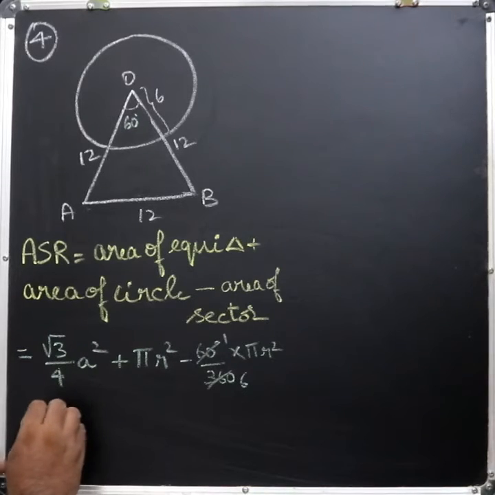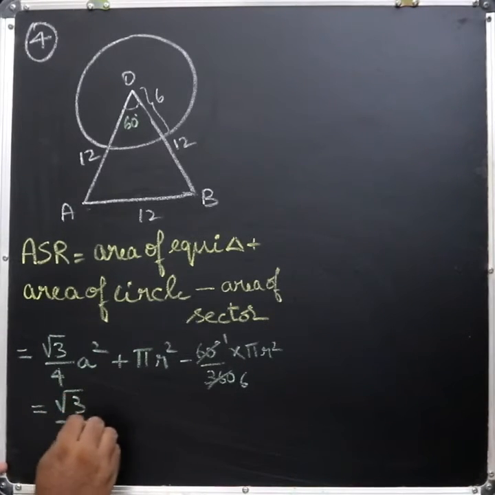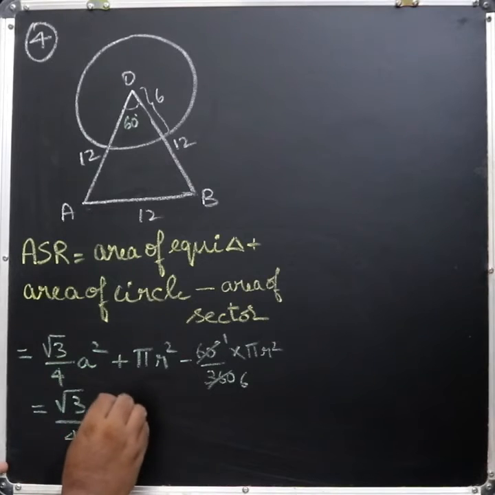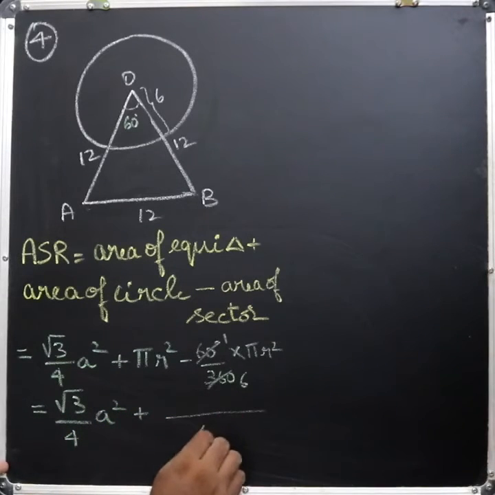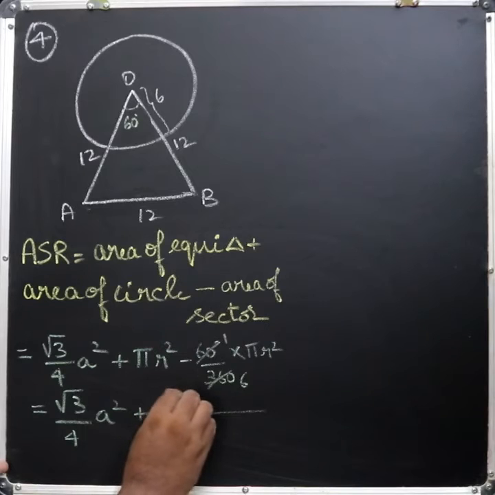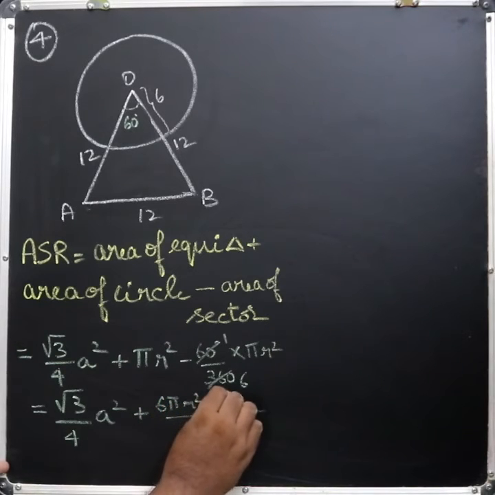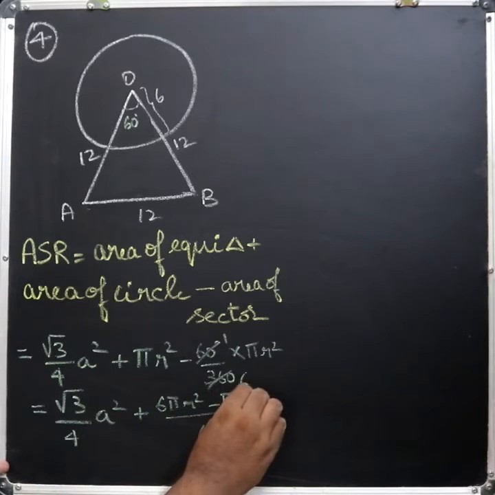So when you subtract both, you are going to have root 3 by 4 a squared. Taking LCM, you will have 6 pi r squared minus pi r squared by 6.